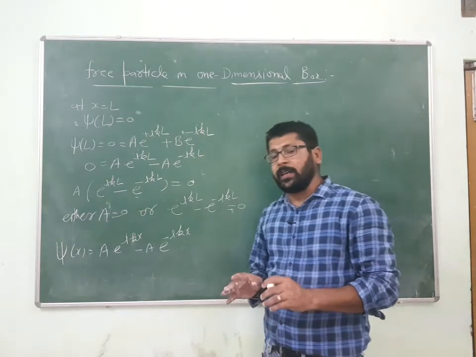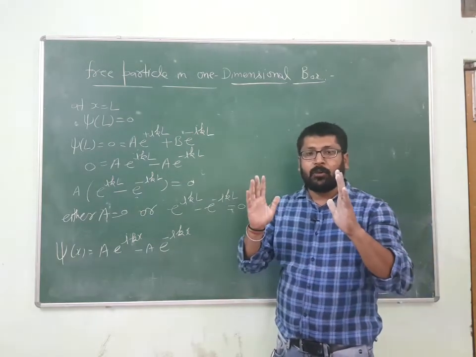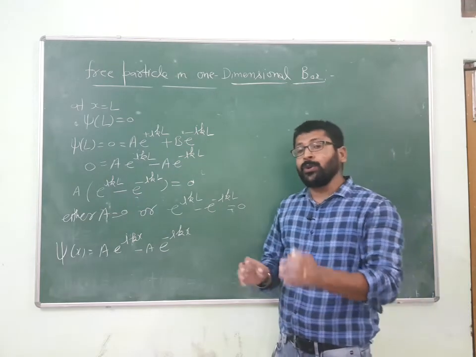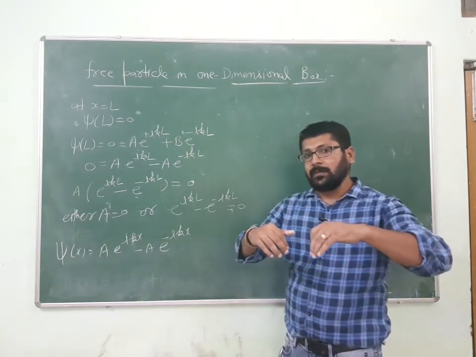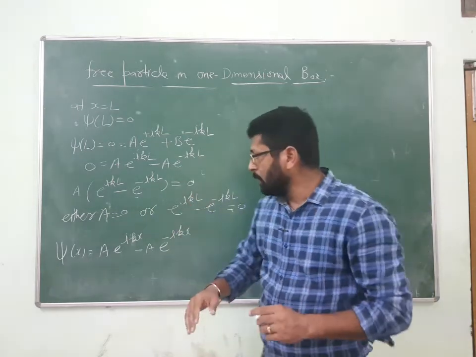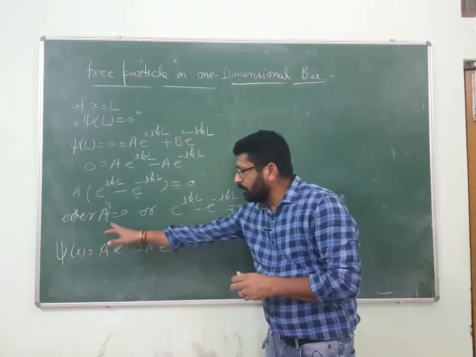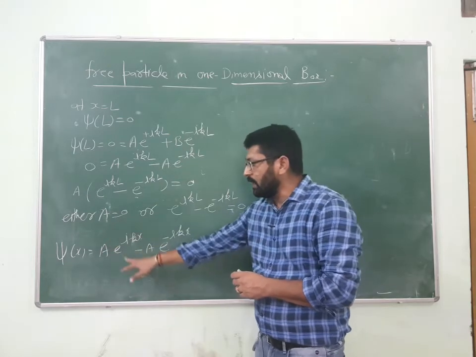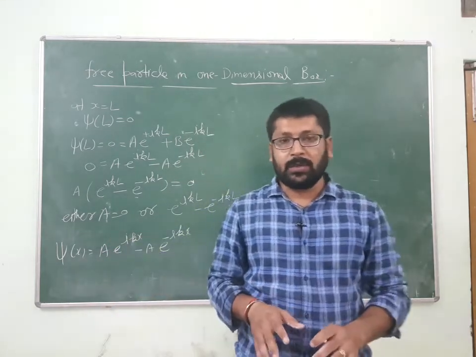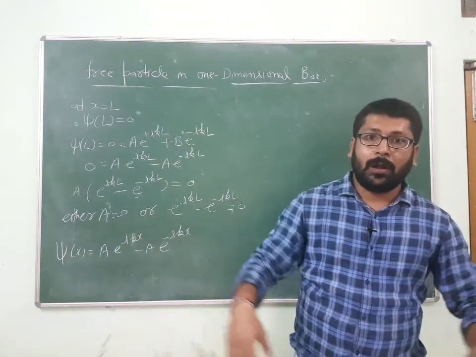We were calculating the wave function of the particle which is inside the box, and we know our particle is in the box, the particle is inside the box. But the wave function with this condition becomes 0, that means there is no particle within the box, neither inside nor outside.